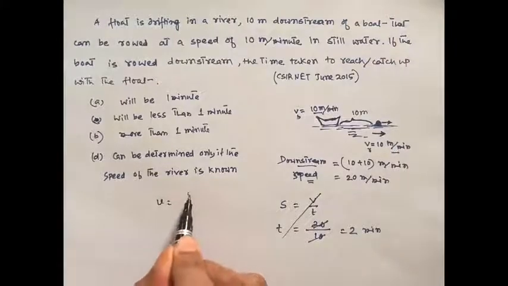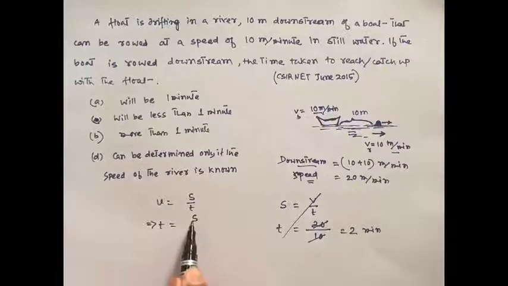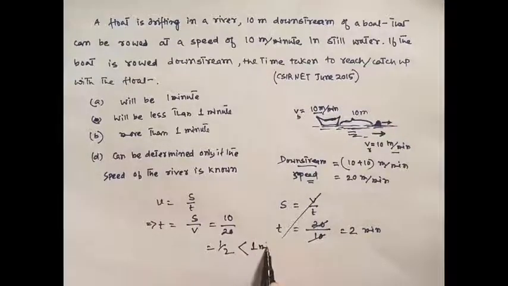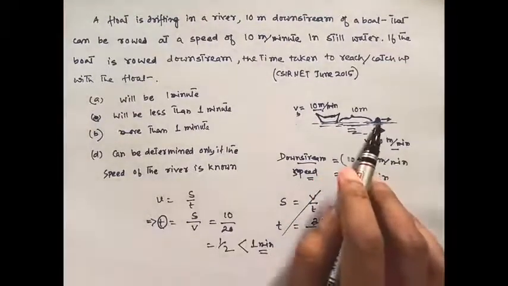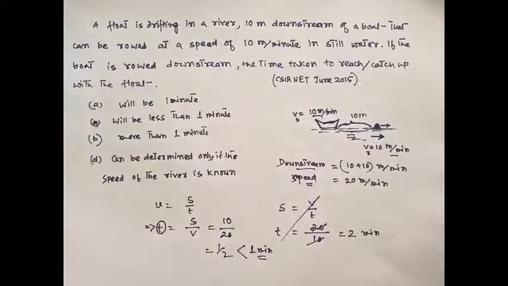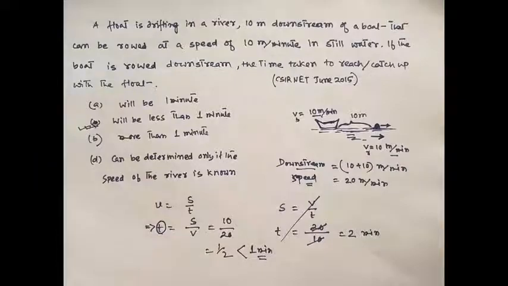V equals S by T, so time will be S by V. The distance is 10 meter and the speed is 20, so it will be half, which is less than 1 minute. So the time required to reach this float will be less than 1 minute. Which option will be correct? Option C will be the correct one.